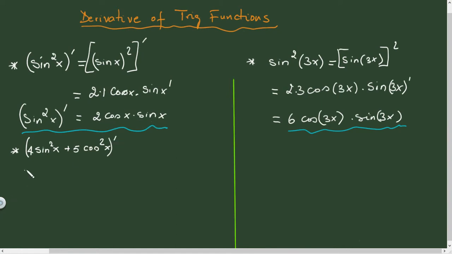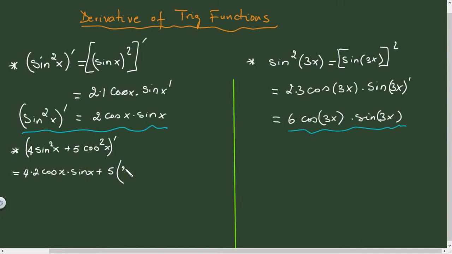So it is equal to 4, and the derivative of this one is what we got before, 2 cosine of x times sine of x. Plus now, first we put 5 and then take the derivative of cosine to the 2 of x.